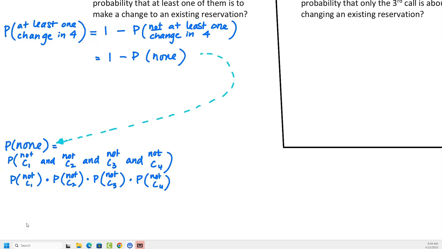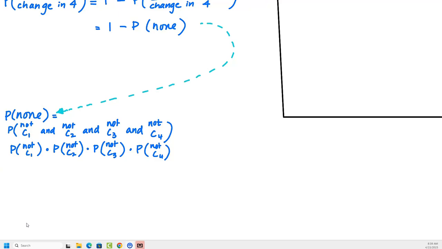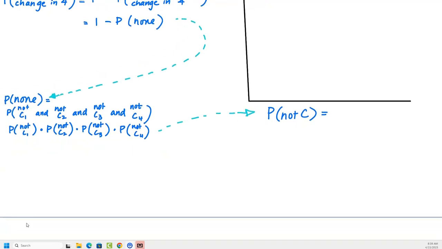Uh-oh. So what do I need here? I don't know what the probability of not C is, do I? Okay, fine. So that means now I'm going to come over here and I'm going to find, okay, fine. What's the probability of not C? Well, isn't the probability of not C the same as 1 minus the probability of C, right, of a change?